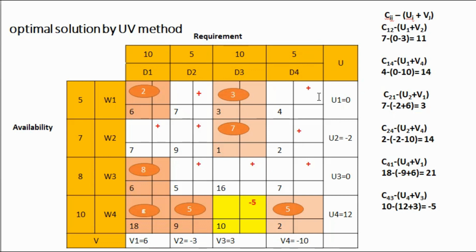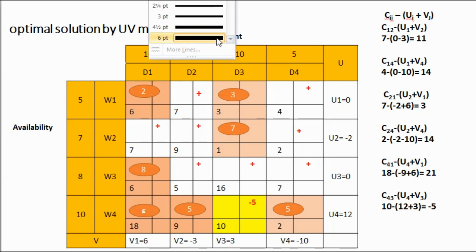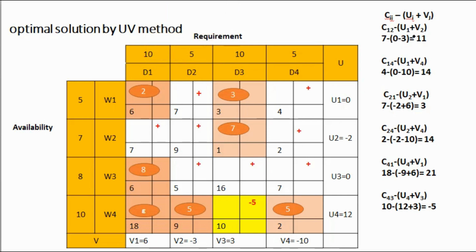So we have u1 is equal to 0 and v2 is equal to minus 3. So that is 7 minus of minus 3, which is 10.